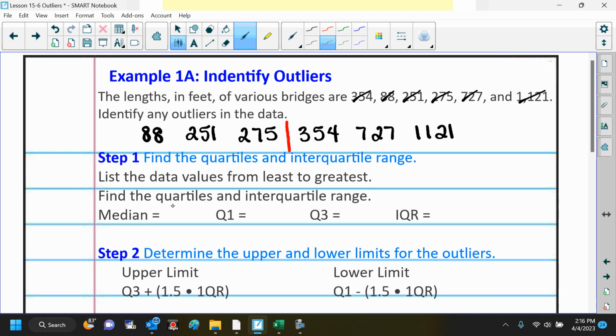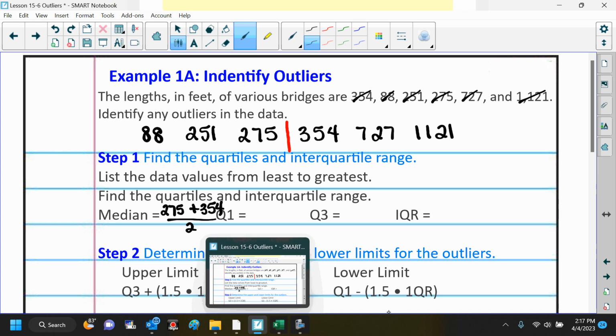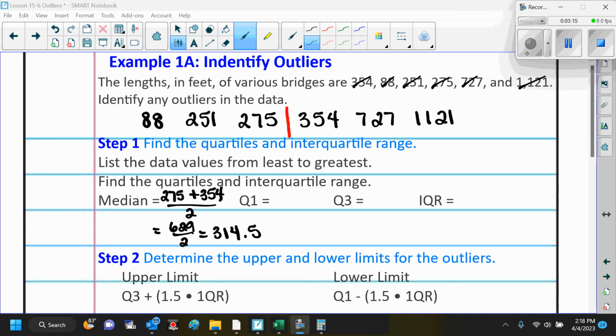So we are going to take 275 and add 354, and then divide that by 2. All right, so the median is 314.5.